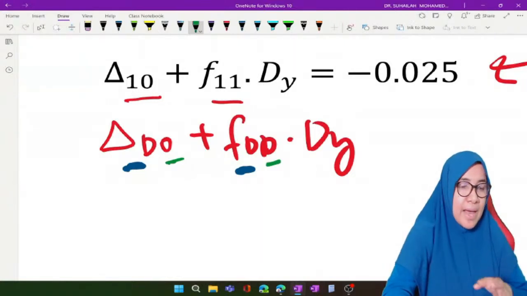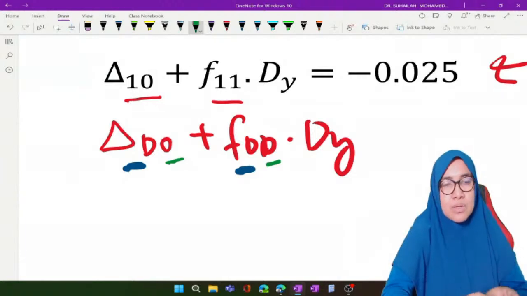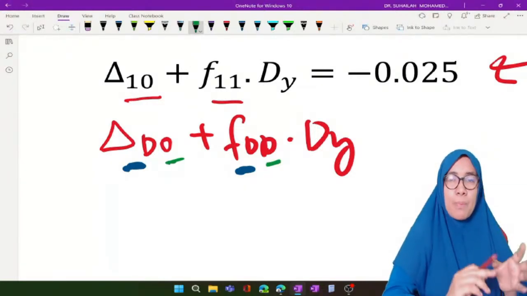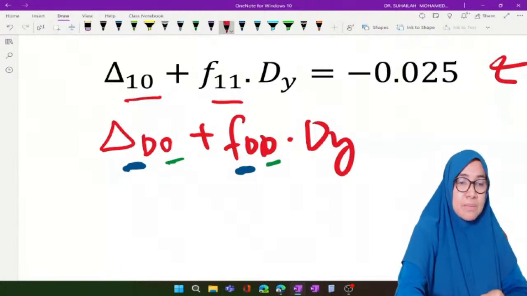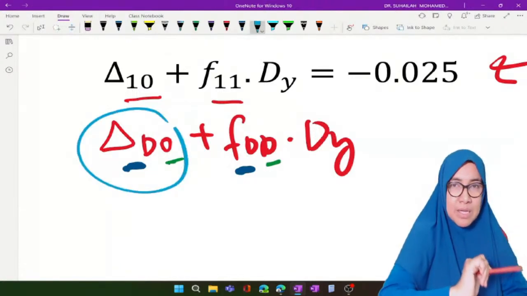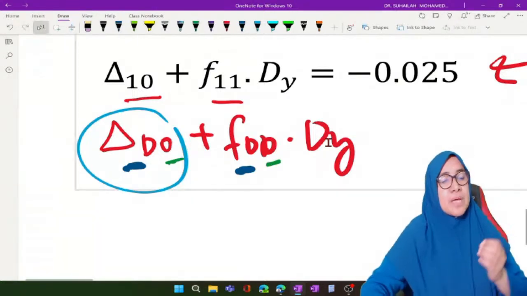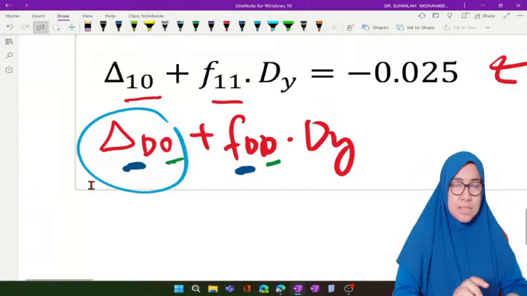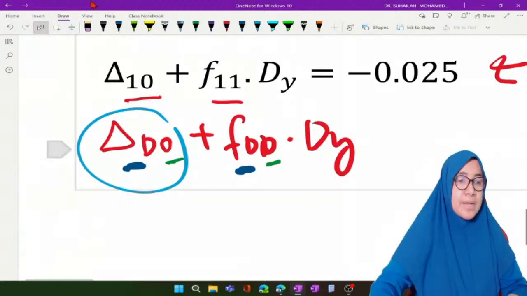So by looking at delta D naught, we know that this is displacement at position D for the primary beam. That is the physical meaning. The physical meaning of delta D naught is deflection.